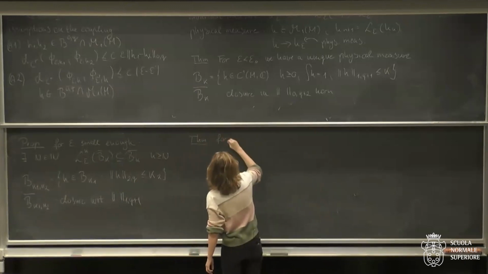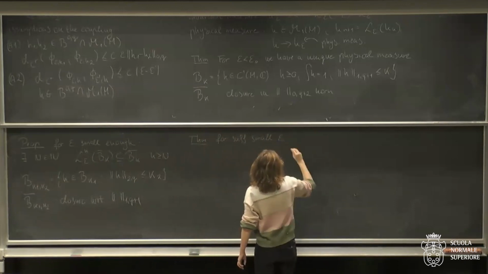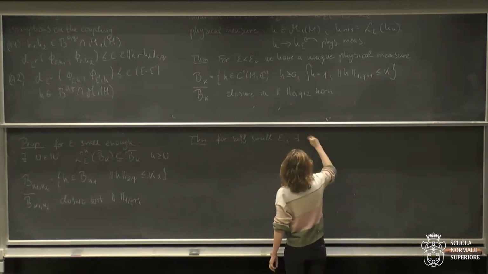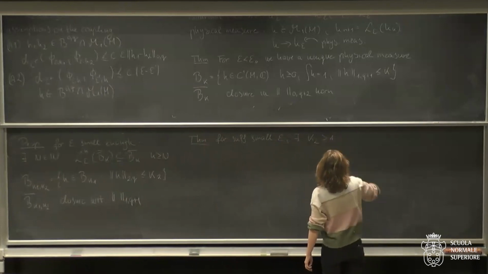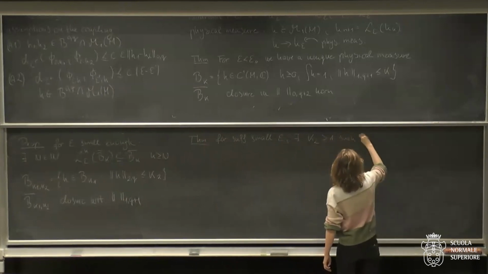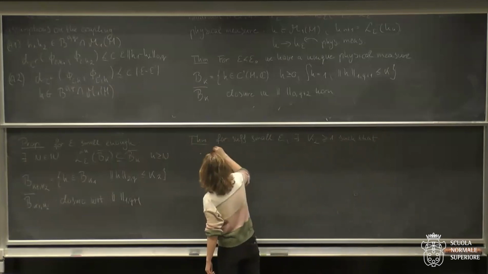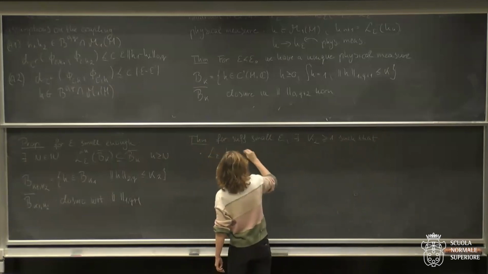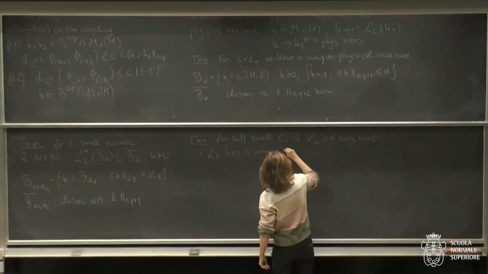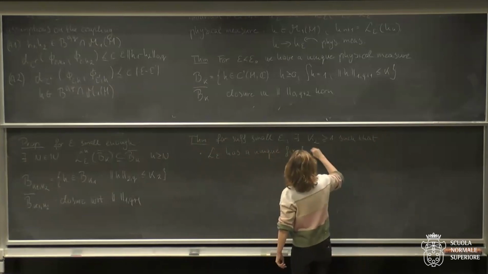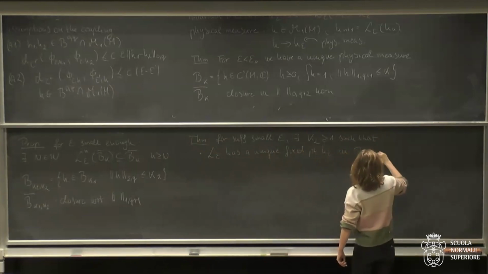So for sufficiently small epsilon, we have K2. It has to be bigger than 1. Such that L epsilon, so the self-consistent transfer operator, has a unique fixed point H epsilon in this set.